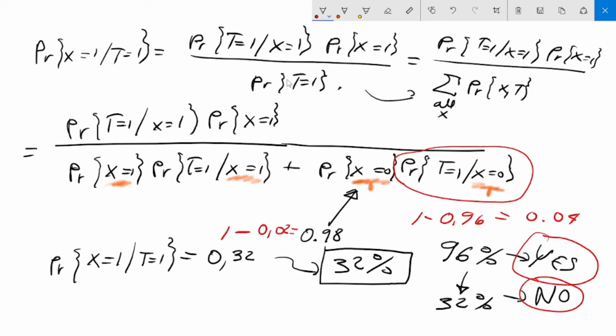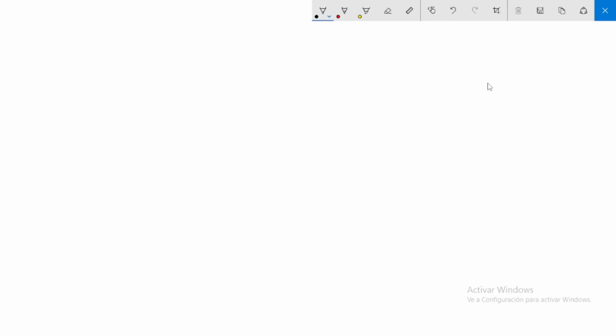Okay, let's see the following slide. There is an interesting graph that we can see in the following slide. We want to know how much the prior information affects the final results. We can figure this out by drawing the following curve.